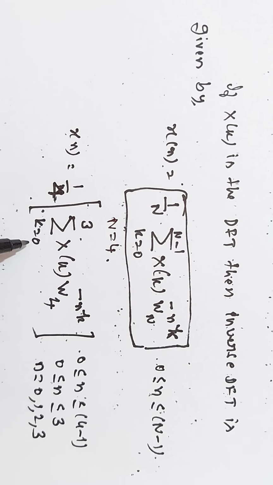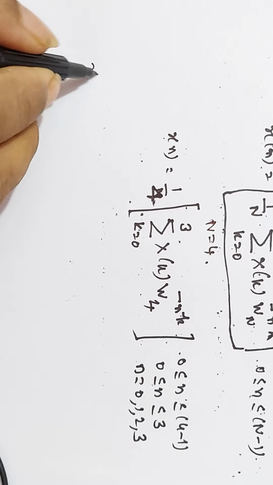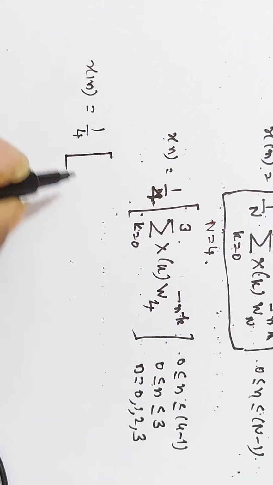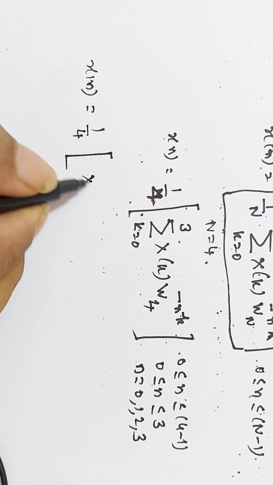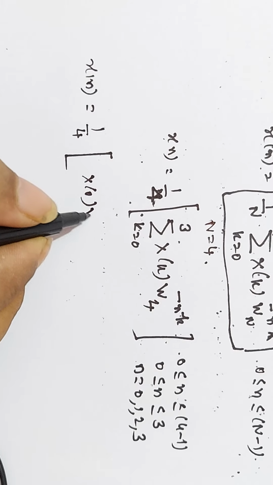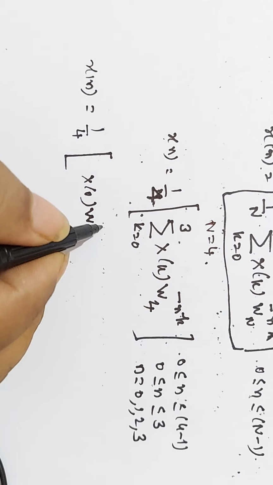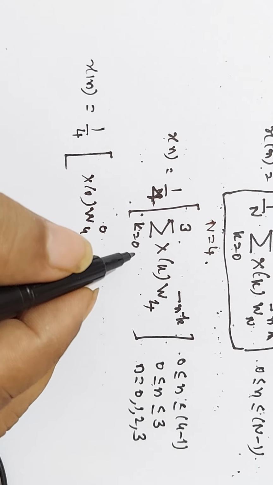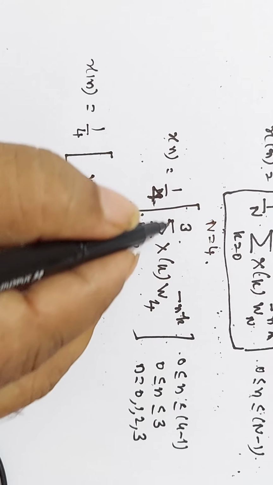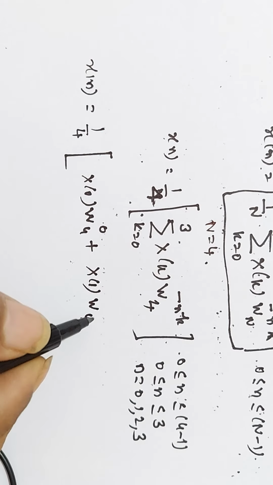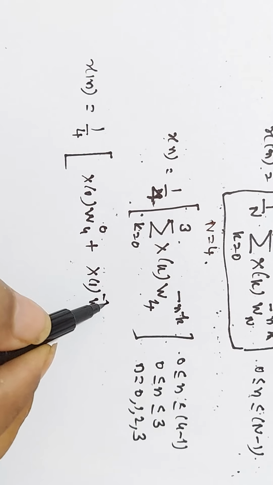Now putting k equals 0, 1, 2, 3 in this summation, you get x of n is equal to 1 by 4 times: for k equals 0, capital X of 0, W_4 to the power of minus nk, and since k equals 0, the exponent is 0. Next, k equals 1: plus X of 1, W_4 minus n.